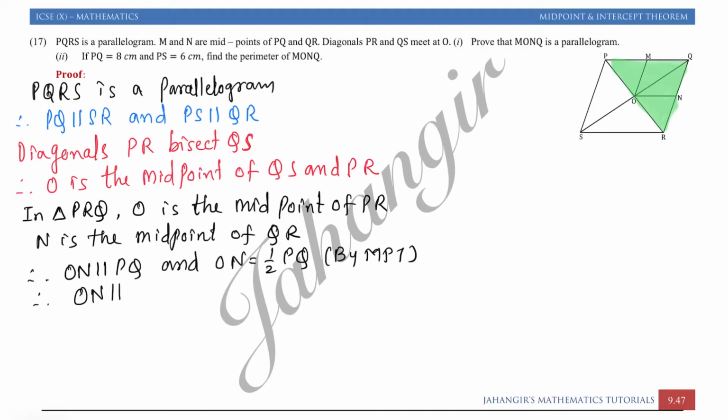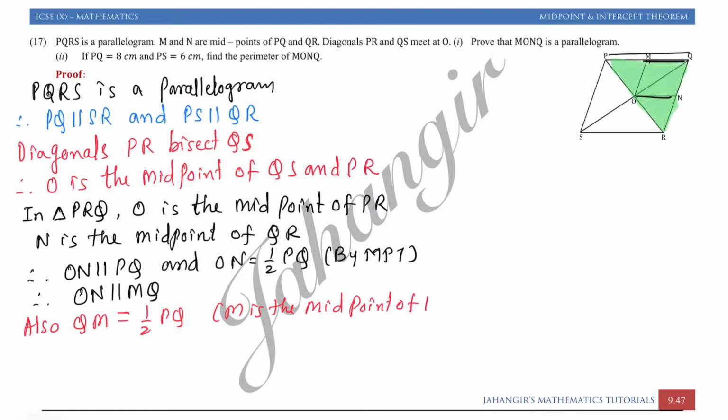So therefore I can even say ON is parallel to MQ, because if ON is parallel to the PQ line, then we can even say it is parallel to QM. So opposite sides are now parallel. And also we can say QM is equal to half PQ because M is the midpoint of PQ.